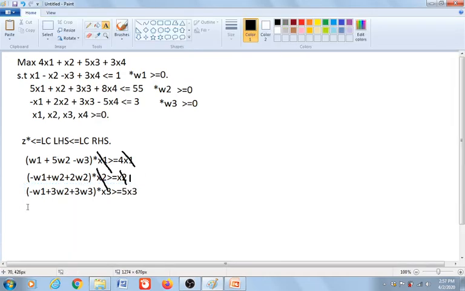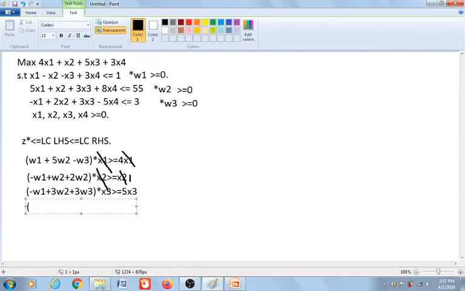Then the same thing with x4, that will be 3w1 plus 8w2 minus 5w3 times x4, and that should be bigger than or equal to 3x4.